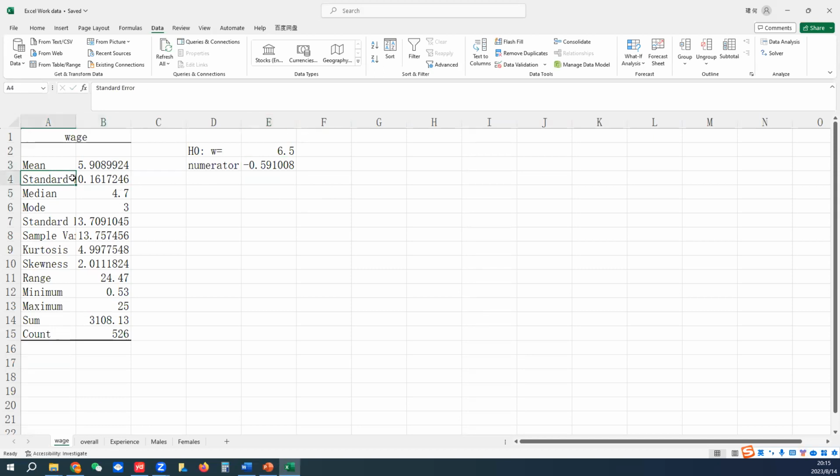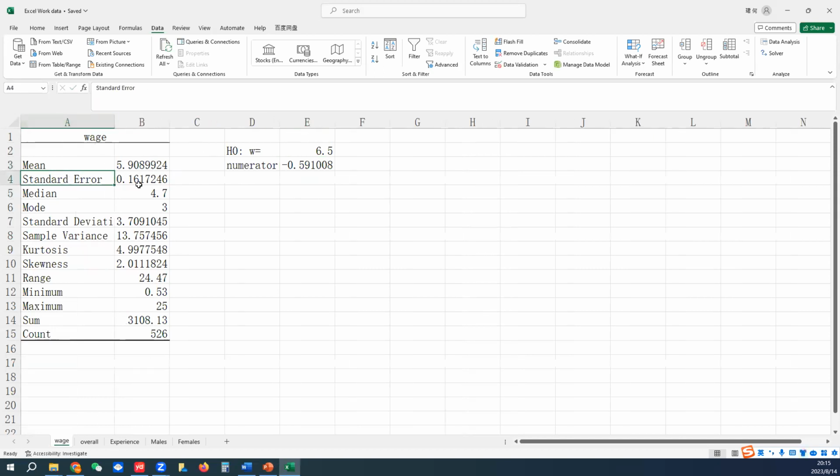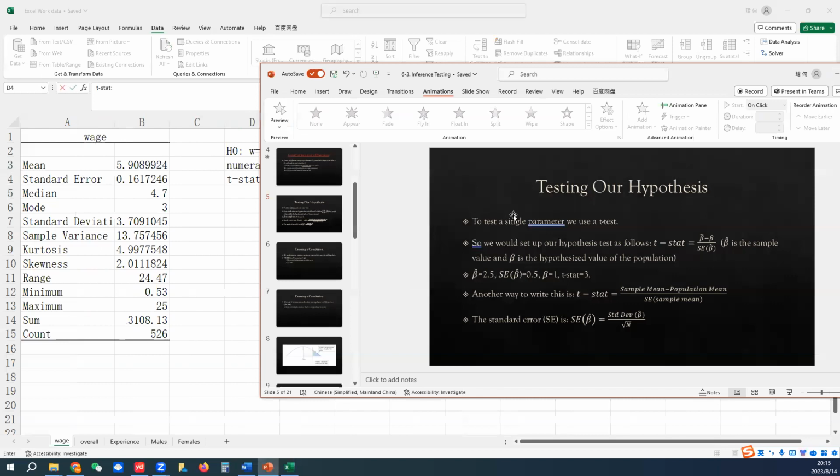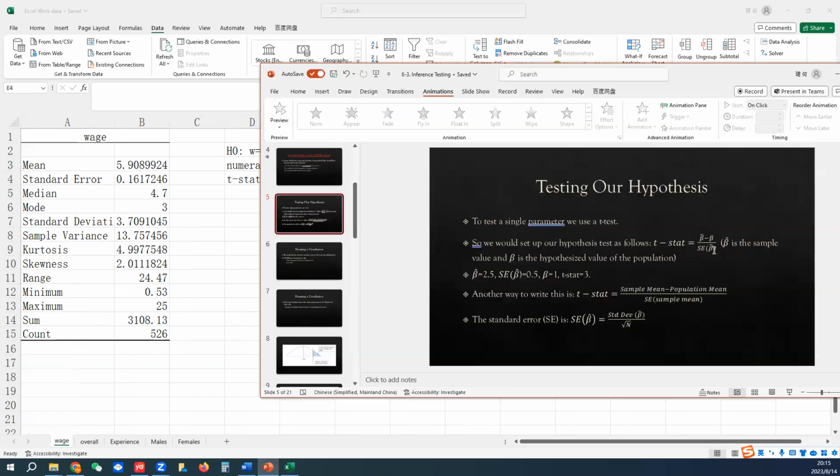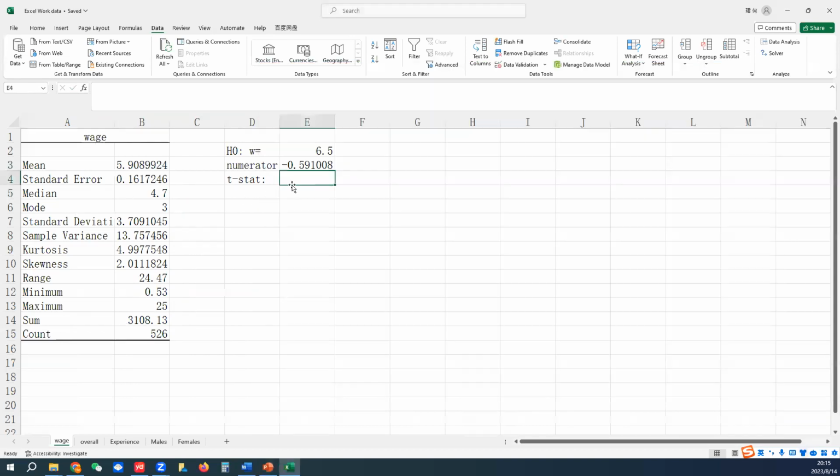And your standard error is this. Then we can calculate the t-stat, which is the sample mean minus the estimated population value, calculated here. And the t-stat is then the numerator divided by your standard error, which is this over your standard error.